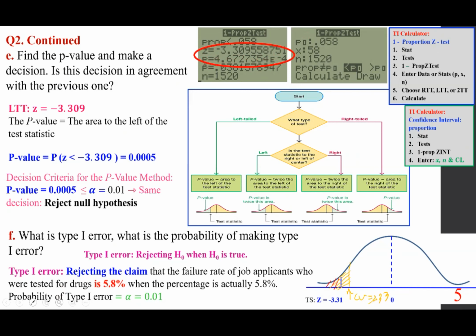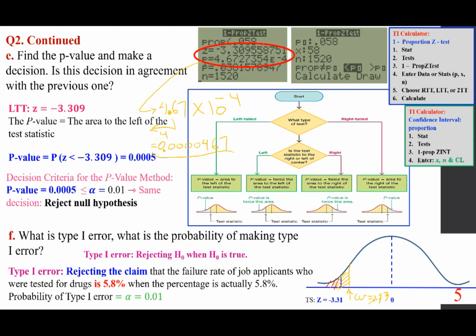I want to make sure that everybody understands the meaning of this P. Let's say 4.67 times 10 to the power of minus 4, and this is scientific notation. You have to move it this way 4 places, and it becomes 0.000467.